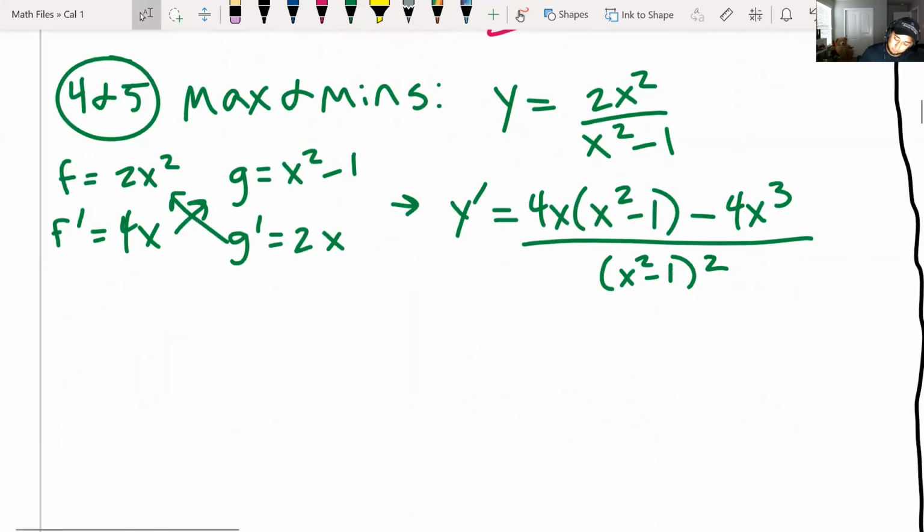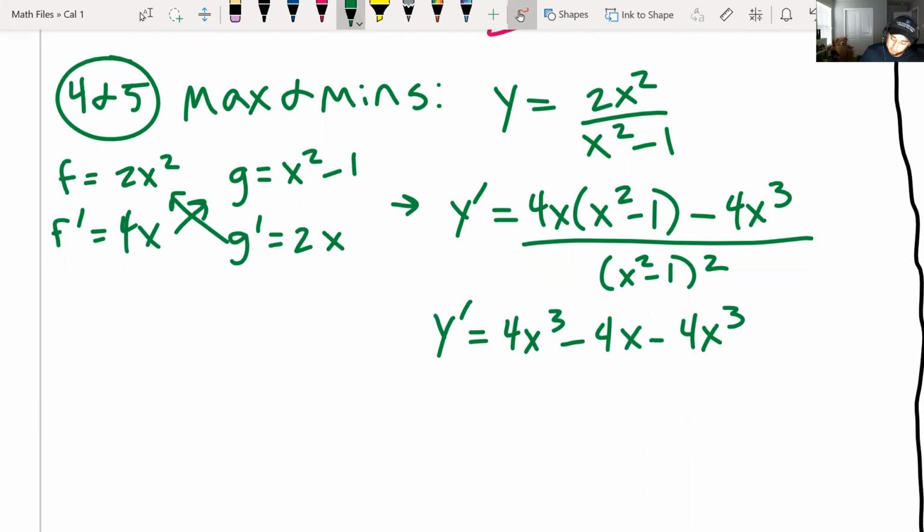Okay. Cleanup time. y prime is equal to 4x cubed minus 4x minus 4x cubed over x squared minus 1 squared.